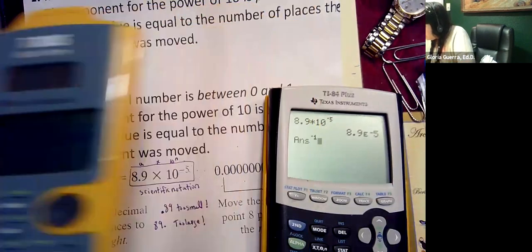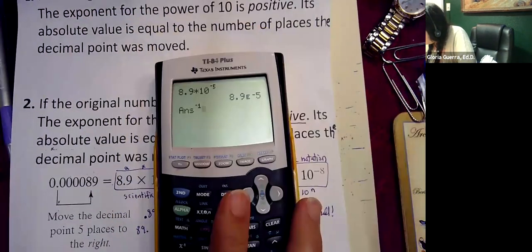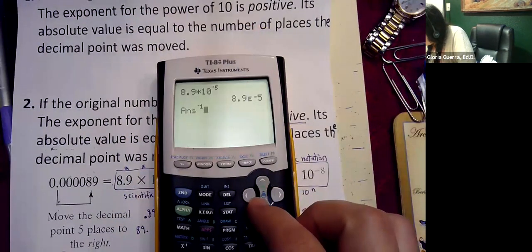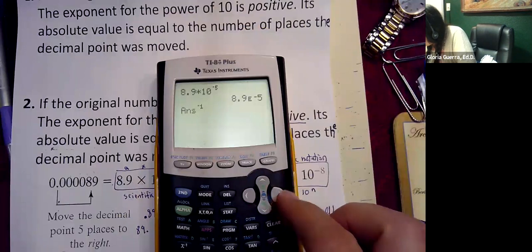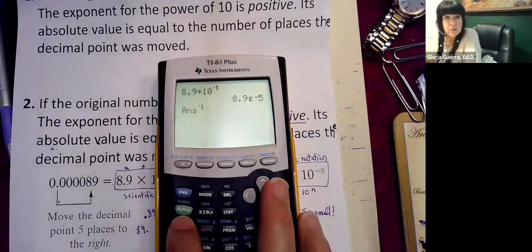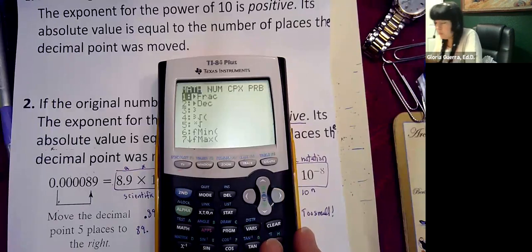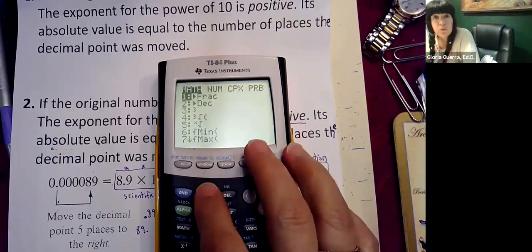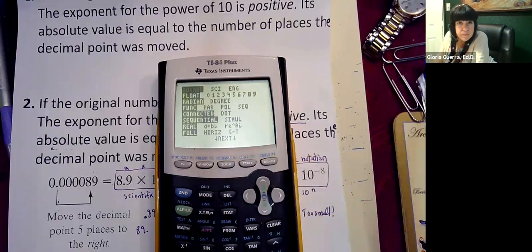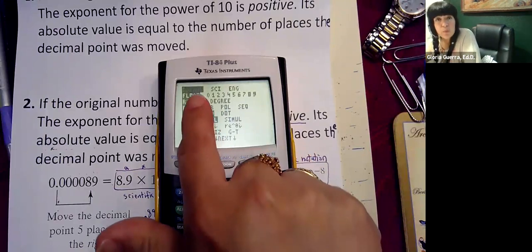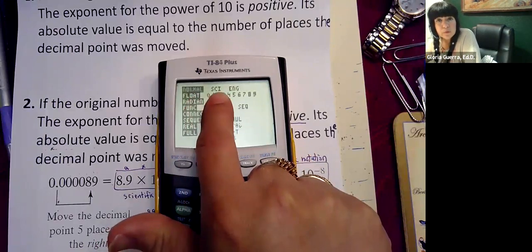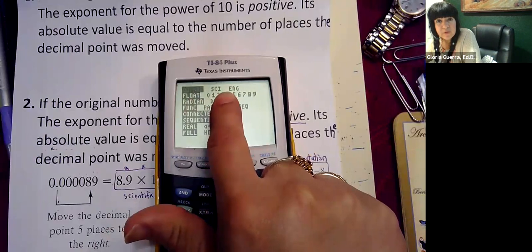So I don't know, maybe on our settings, let me just look at our settings here and see if I can, is there a way to change? If I go to math, no, not math. Let me go to mode. Here it says normal, scientific and engineering.